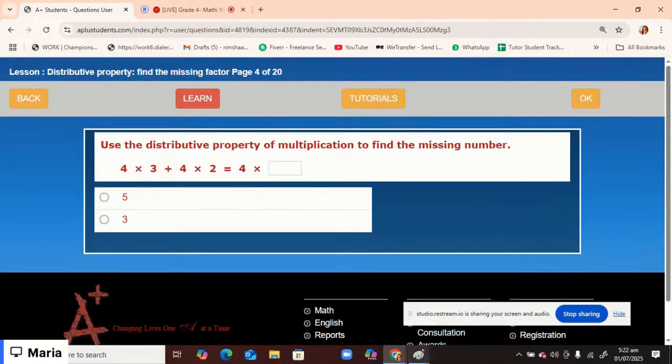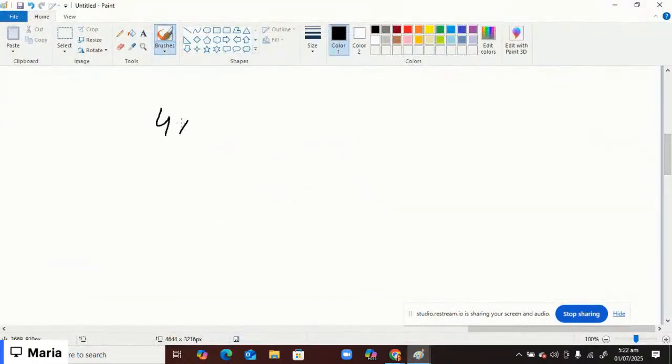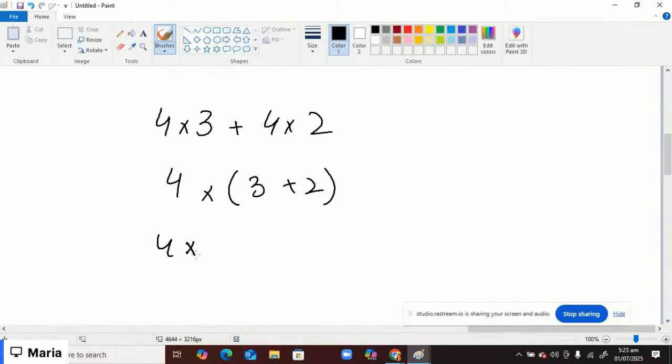All right, 4 times 3, 4 times 2. How do we do this one? 4 times 3 plus 4 times 2. Now you guys tell me how to do this one. Both 4s are the same, so I'm putting 4 here, times 3 plus 2 inside of the bracket. 3 plus 2 is 5.